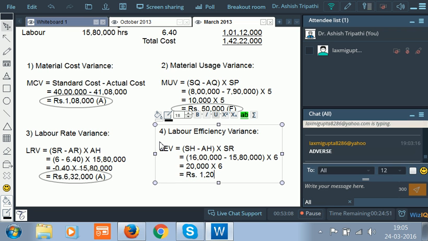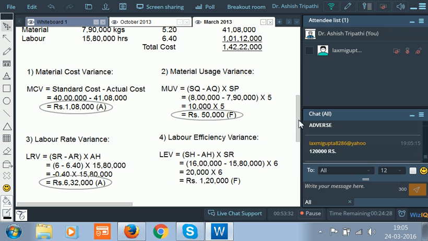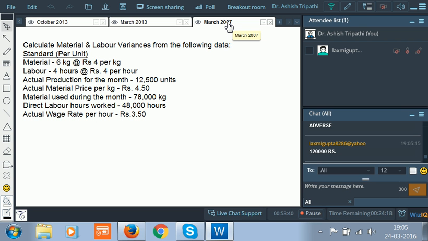So that will give you rupees 1,20,000, and this is favorable. So successfully we were able to solve the question of March 2013. Now let us go for the next one.